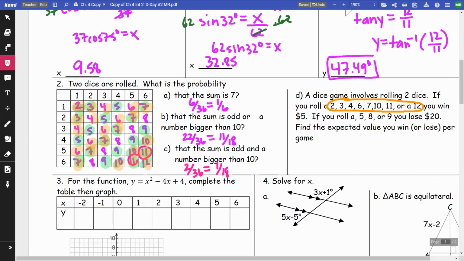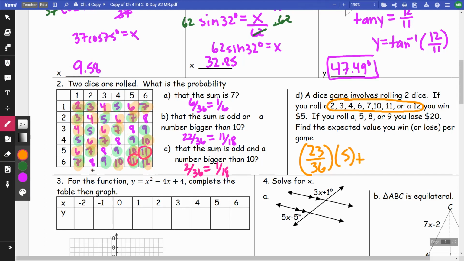So if I count these 1, 2, 3, 4, 5, 6, 7, 8, 9, 10, 11, 12, 13, 14, 15, 16, 17, 18, 19, 20, 21, 22, 23 out of 36. So there's 23 out of 36 ways to get $5 plus the others are the 5, 8, 9, which would be the rest of that 36, which is going to be 13 out of 36.